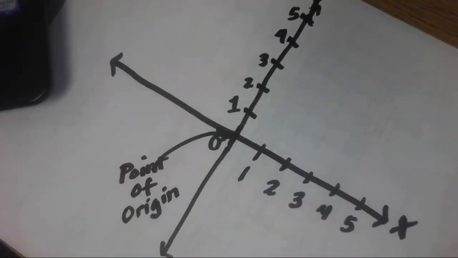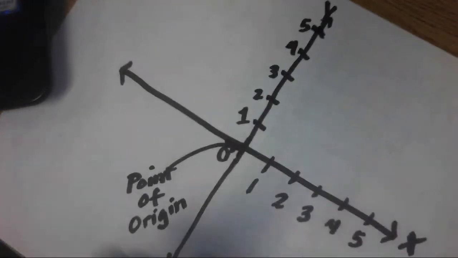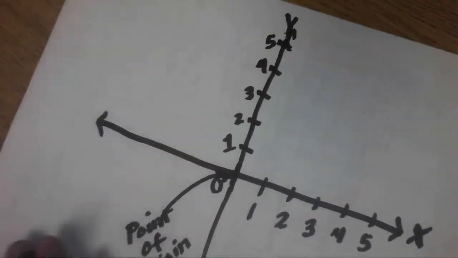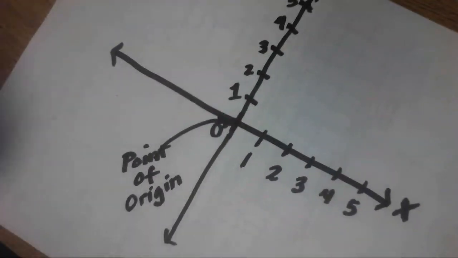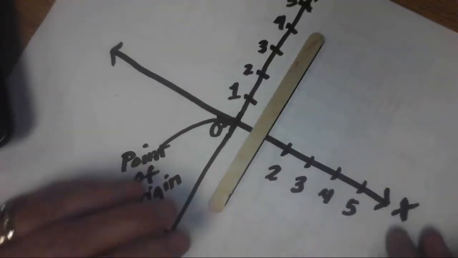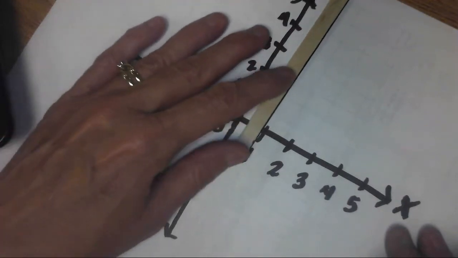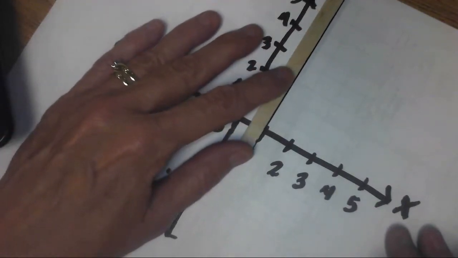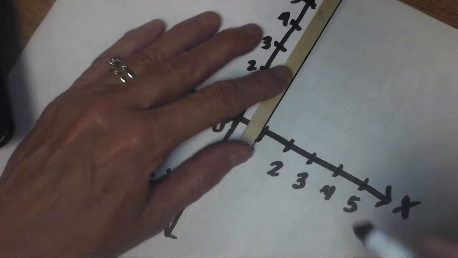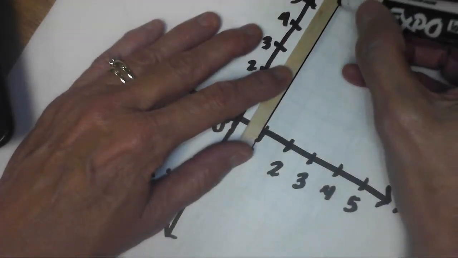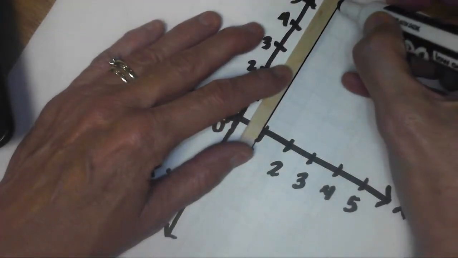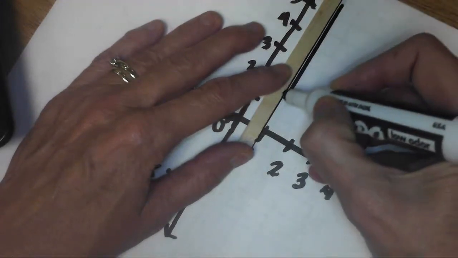Now, I have a popsicle stick. That's going to be my straight edge. If you have a ruler, that would probably work better, but I have a popsicle stick, so I'm just going to start making my grid. We need to know exactly where these points line up, so we're going to draw some lines.